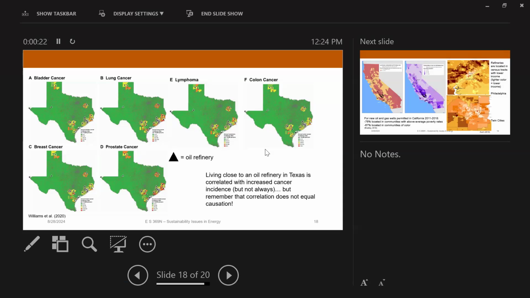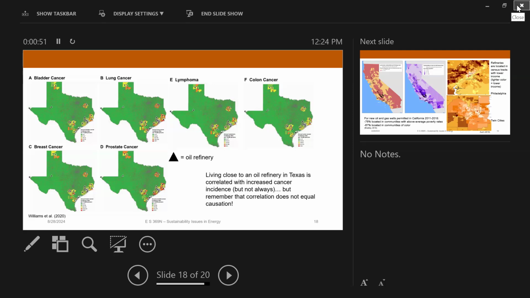And it's difficult to untangle the causative relationships there, right? Did they put a refinery there because it's a food desert, or is it a food desert because there's a refinery there, or is there something else going on? It can be really complicated to untangle these things. So it's part of a larger public health picture that we need to be aware of.